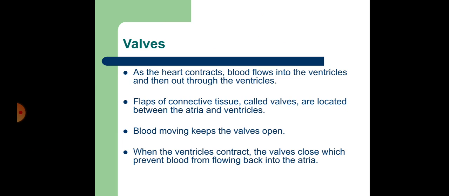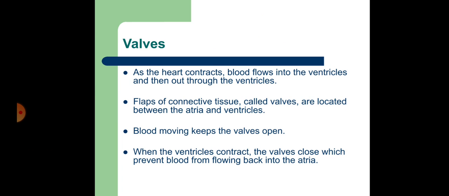Now, there are certain valves in the heart to prevent backflow of blood. As the heart contracts, blood flows into the ventricles and then out through the ventricles. Flaps of connective tissue called valves are located between the atria and ventricle. Blood keeps moving and keeps the valves open.